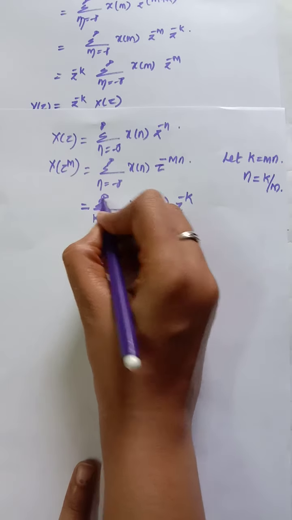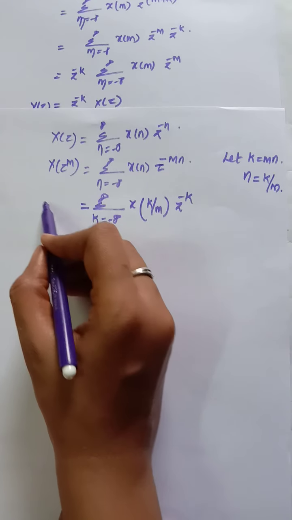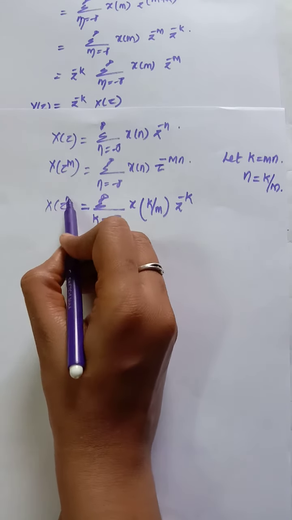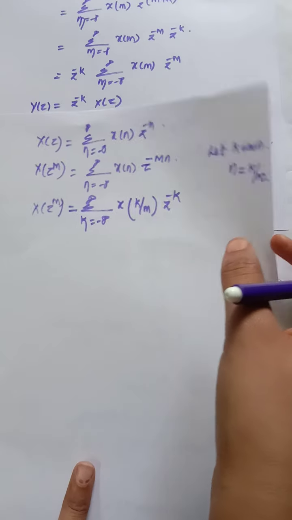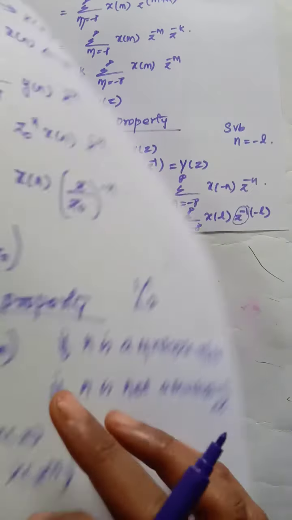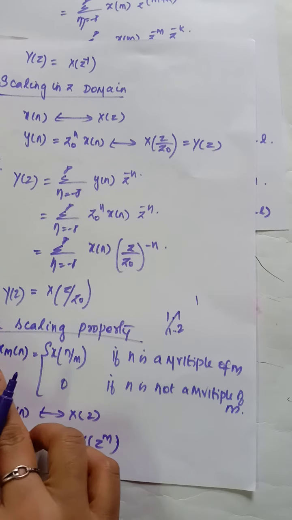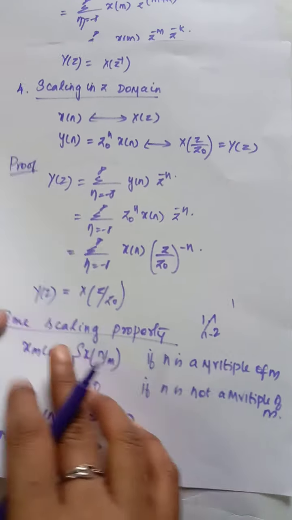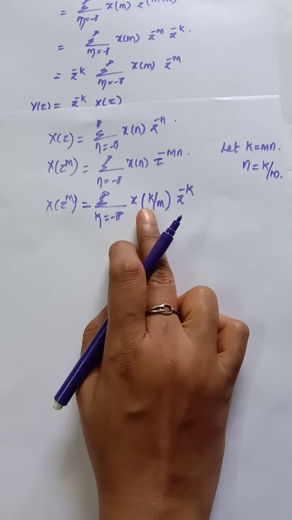Therefore this summation also varies from k equal to minus infinity to plus infinity. Now here what we need is to get the answer as x of n by m, but we are having x of k by m.